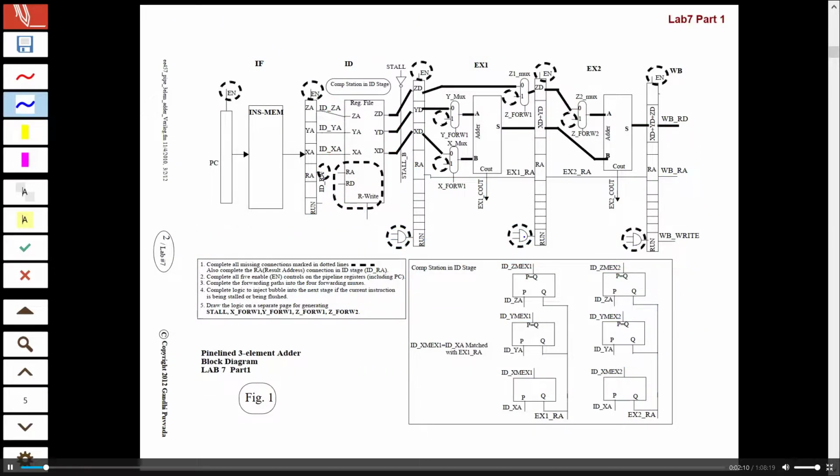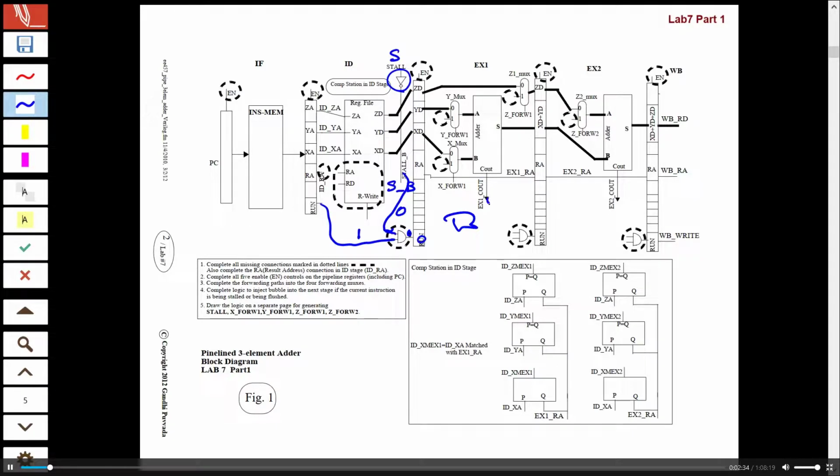And these are for converting or injecting a bubble. If stall is true, stall bar is produced using an inverter, and that stall bar can inject a bubble. So even if this is a valid instruction with run equal to 1, with a 0 here, a 0 goes here, that means a bubble gets injected.